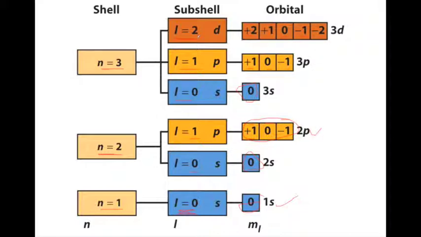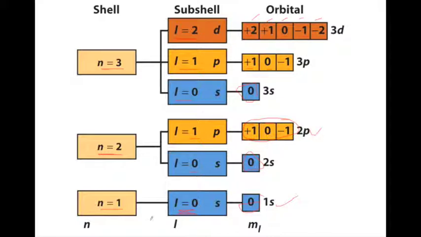Moving up here, when L equals 2, we have 1, 2, 3, 4, 5 m sub L values. That tells us that there are 5 d orbitals in this particular subshell.